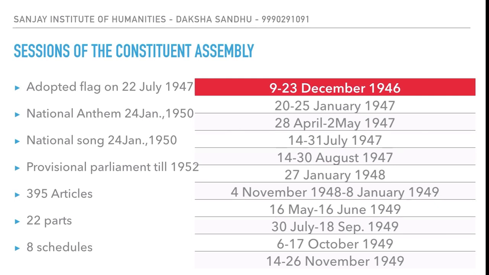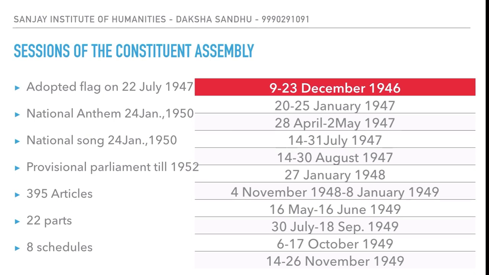The first session was held between 9 to 23 December 1946. The second session was held between 20 to 25 January 1947. The third session was held between 28 April to 2 May 1947.